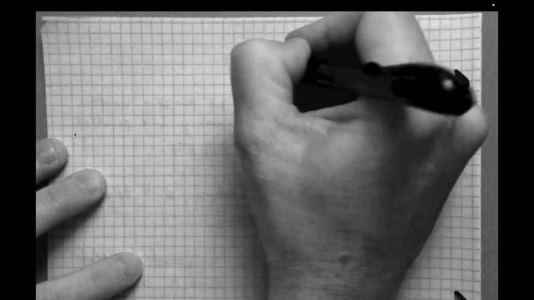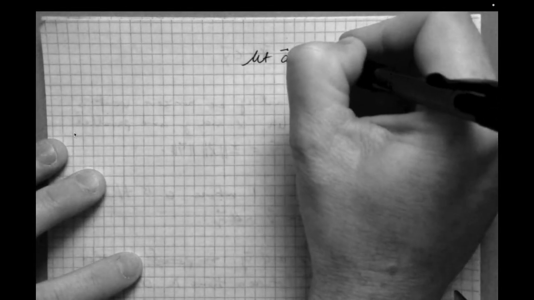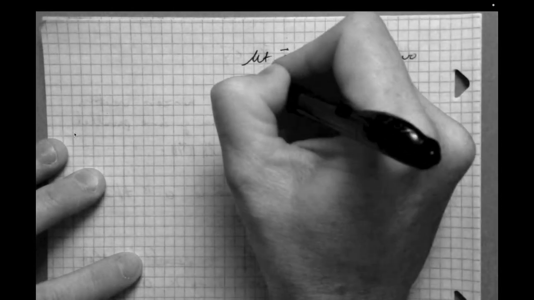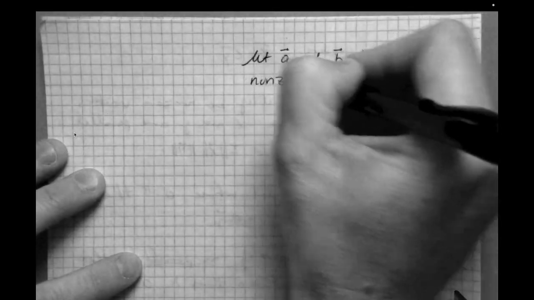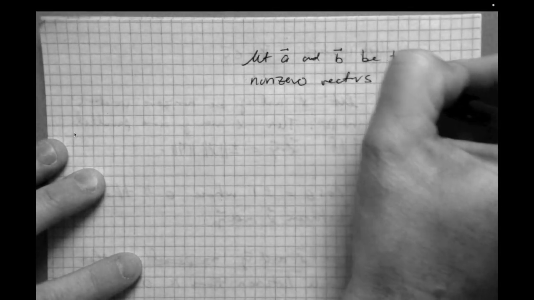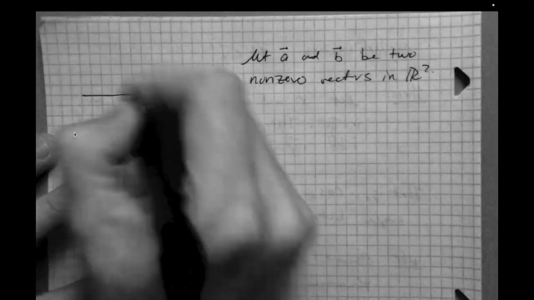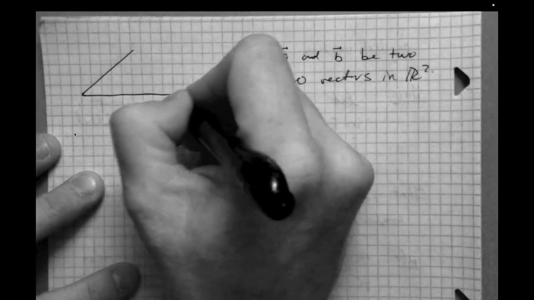So let A and B be two non-zero vectors in R2. We'll start here. Okay, in R2. So let's say I've got two vectors.